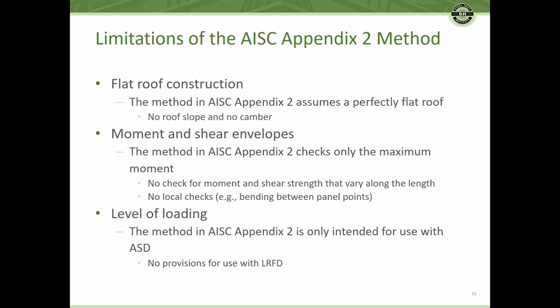Also, the AISC Appendix 2 methodology only works under what's basically ASD level loads, not LRFD. So this isn't the biggest limitation, but it hints that there's something about the method that is different than the other aspects of stability design that we typically deal with. And really, it shouldn't be that way.